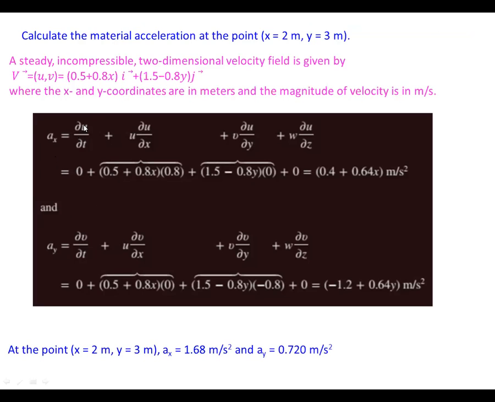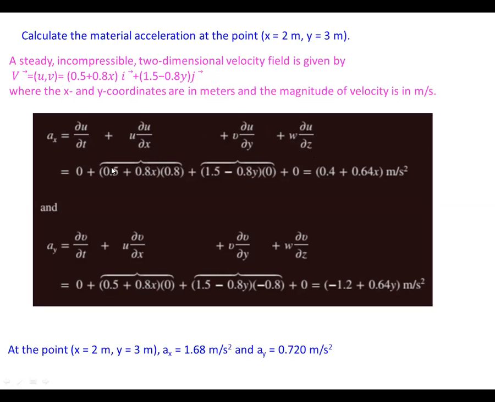For a_x: ∂u/∂t plus u ∂u/∂x plus v ∂u/∂y plus w ∂u/∂z. For a_y: ∂v/∂t plus u ∂v/∂x plus v ∂v/∂y plus w ∂v/∂z. For a_z: ∂w/∂t plus u ∂w/∂x plus v ∂w/∂y, like that.